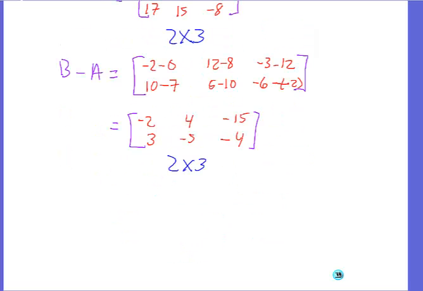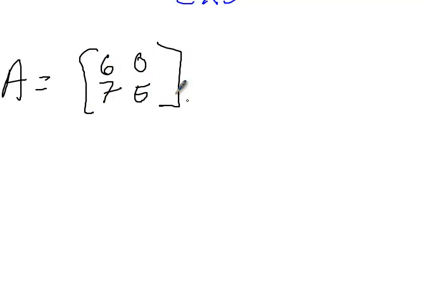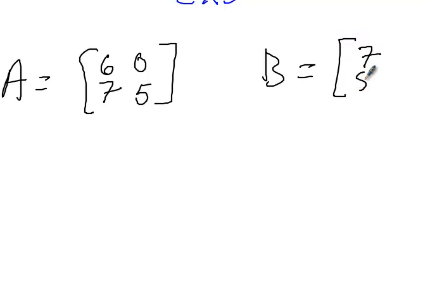There's always a time when what you're doing doesn't work. Let's say A is 6, 7, 0, 5, and let's say B is 7, 8, and that's it.